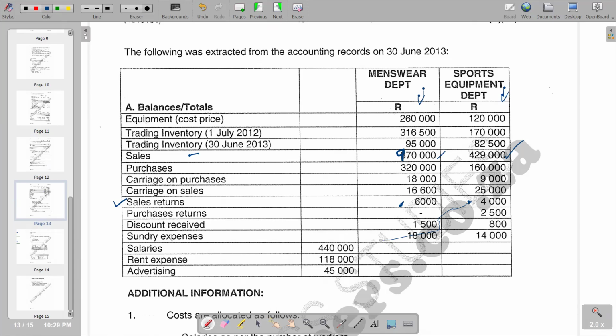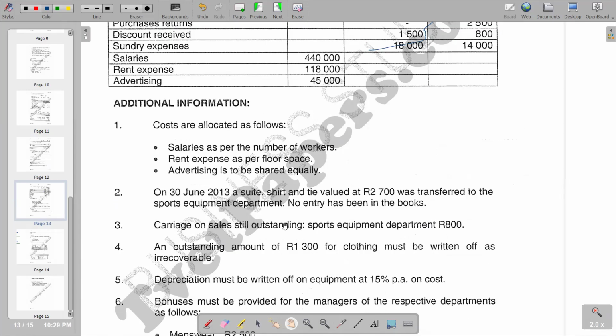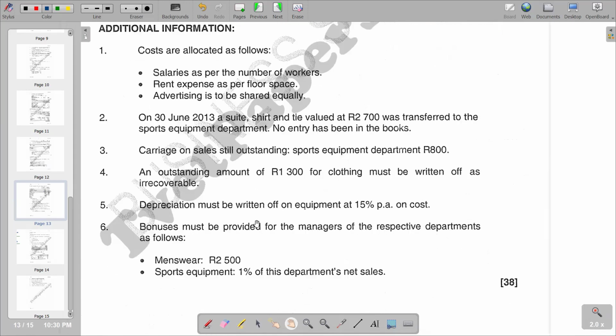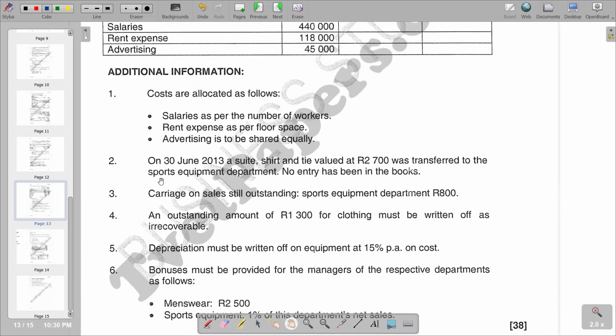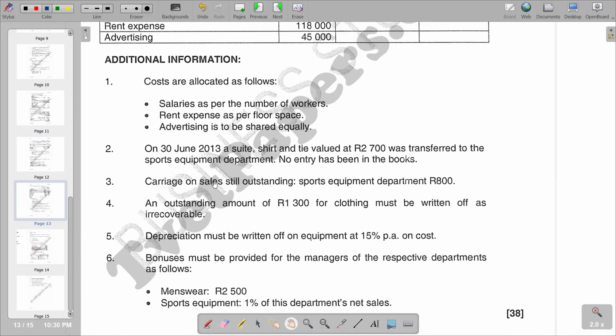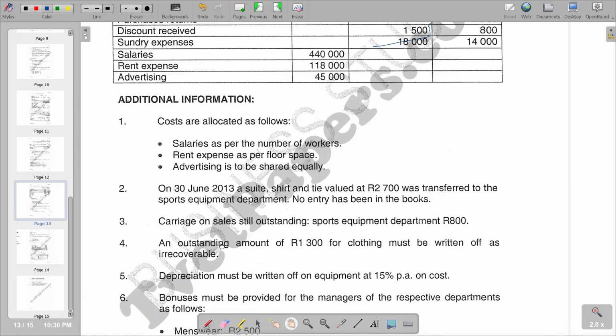We are going to check if we have any adjustment that is affecting our sales before we subtract sales returns. If you go through our additional information, you will see that we do not have any adjustment affecting our sales. Remember, you should go through everything before you start answering, so that you can quickly locate where there is an adjustment that needs to be effected.